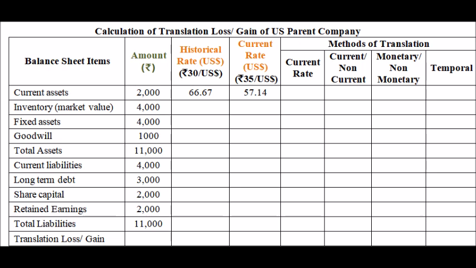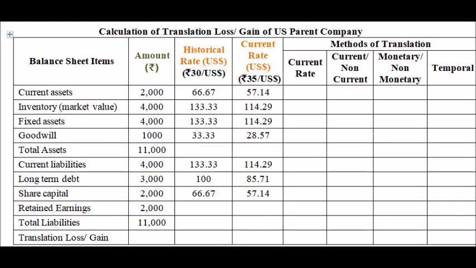To convert at historical rate, divide 2,000 by 30, we get 66.67. To convert at current rate, divide 2,000 by 35, we get 57.14. In this way, calculate all the figures except total assets, retained earnings, and total liabilities.